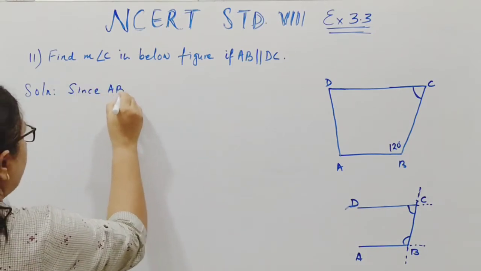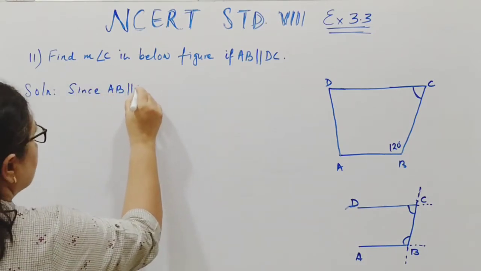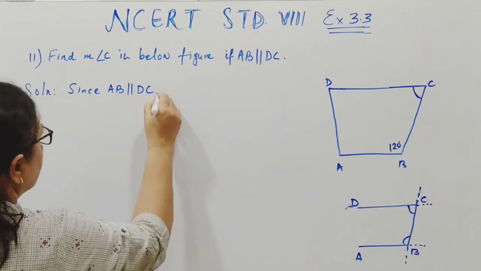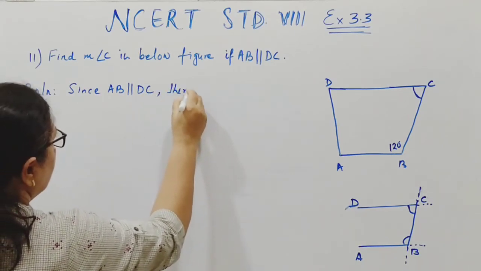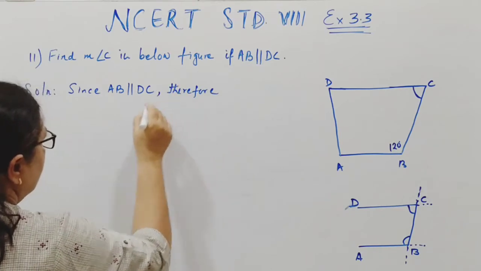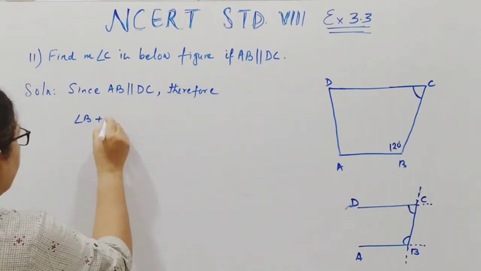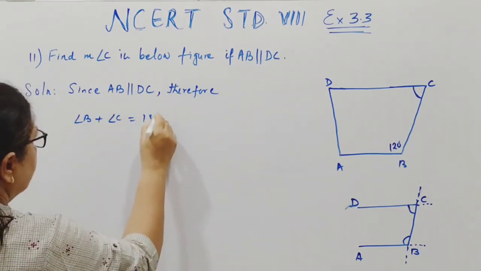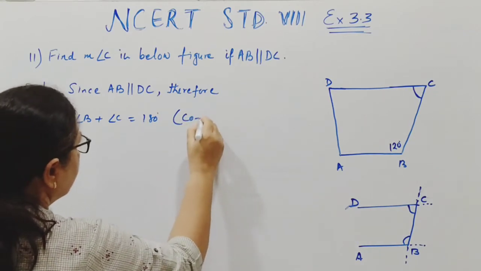So we'll write, since AB is parallel to DC, therefore angle B plus angle C is equal to 180 degree. Reason, co-interior angles.